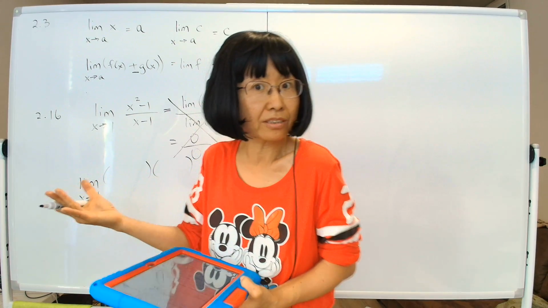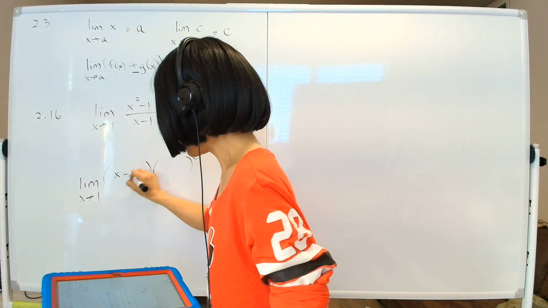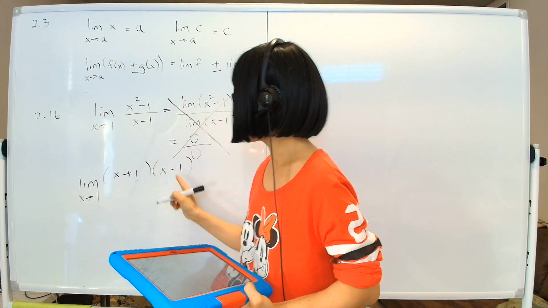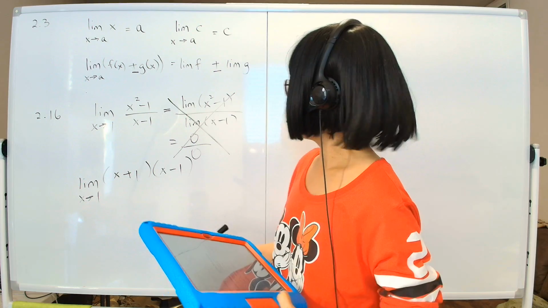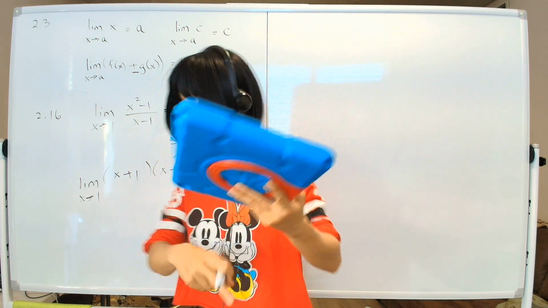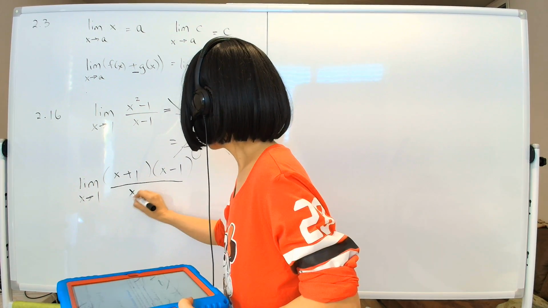Mostly you cancel the 0 out. So x squared minus 1, that's the plus and minus from algebra, equals x plus 1 times x minus 1. You just need to memorize that. Then divided by the original x minus 1.